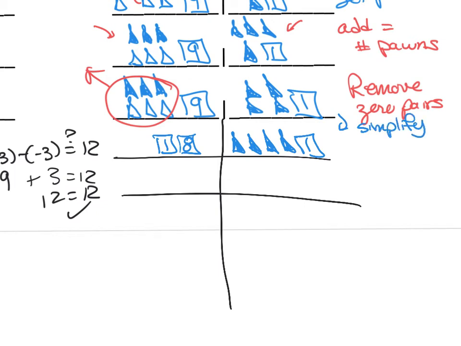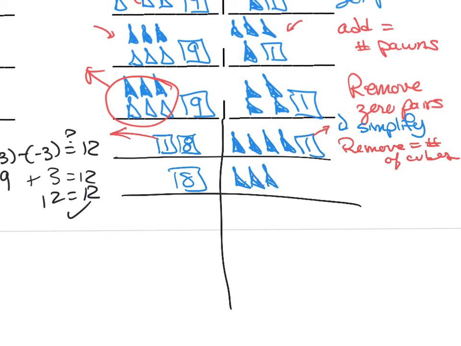And when I do that, then what I want to do is remove these 1 cubes. So I'm going to remove an equal number of cubes. And that gives me on the left an 8, and on the right 1, 2, 3, 4 blue pawns.